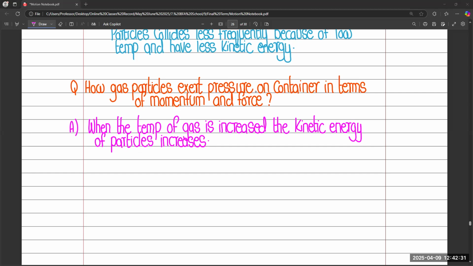So if we increase the temperature of the gas, the kinetic energy of the particles also increases. And when the kinetic energy increases, they start to move and collide more frequently.